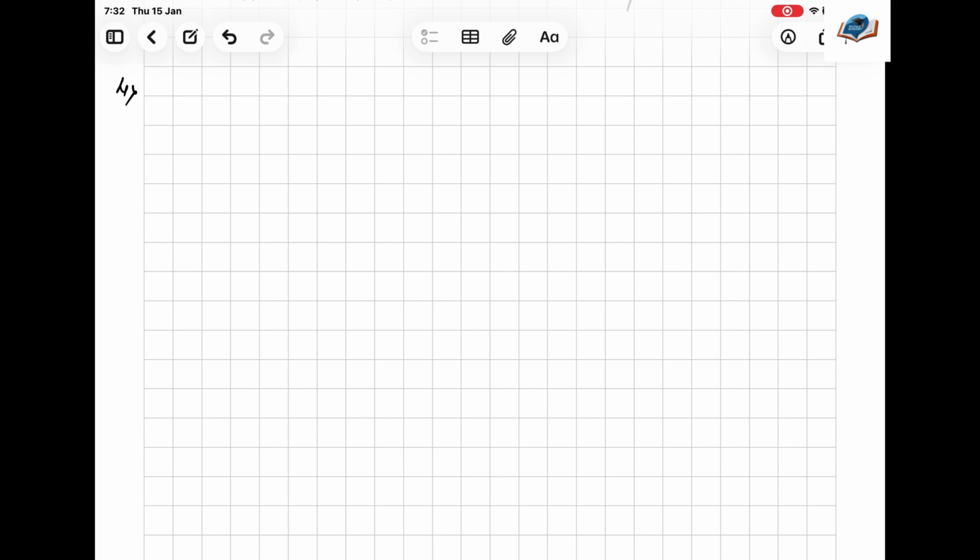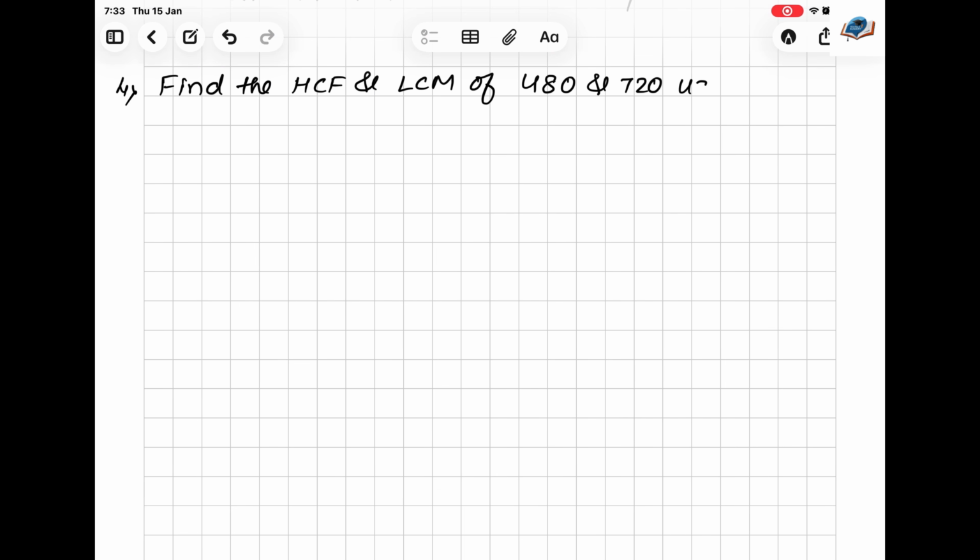Now the fourth question says find the HCF and LCM of 480 and 720 using prime factorization method.